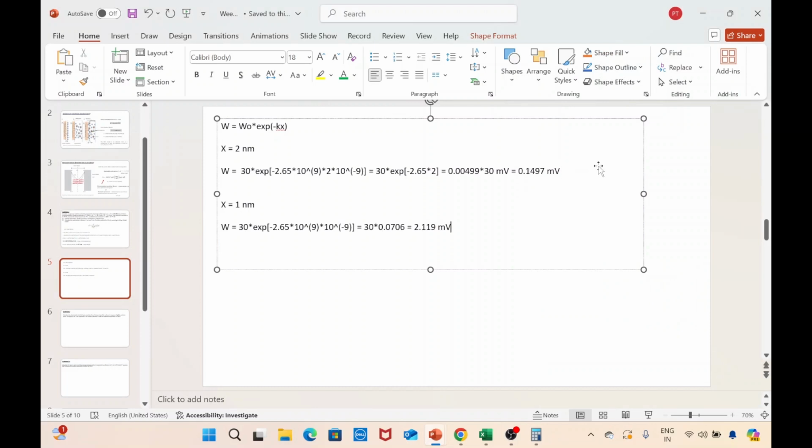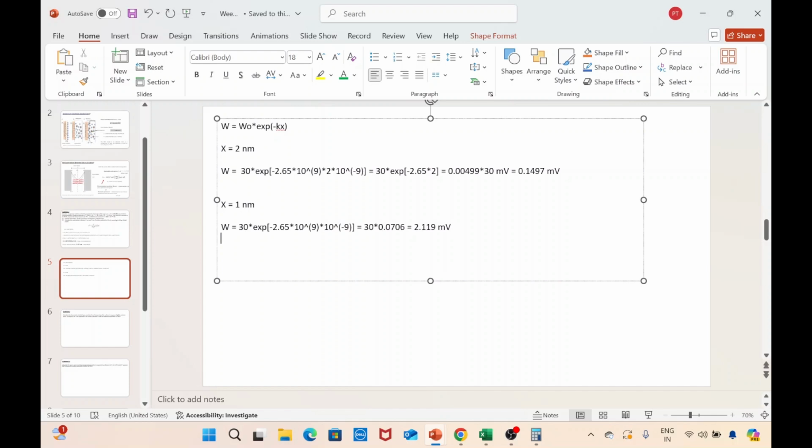So at 1 nanometer the potential is 2.119, but at 2 nanometers the value again decreases to 0.1497. That decrease keeps happening as you keep moving away from the surface.